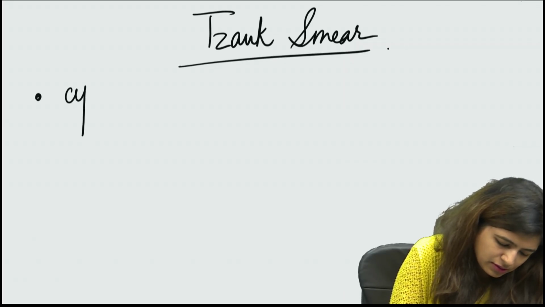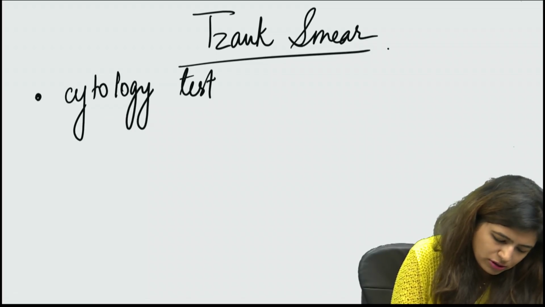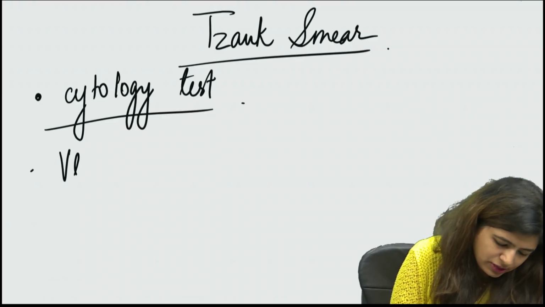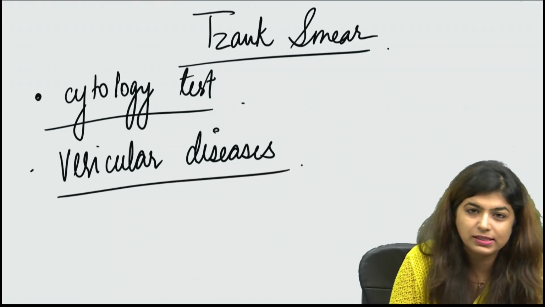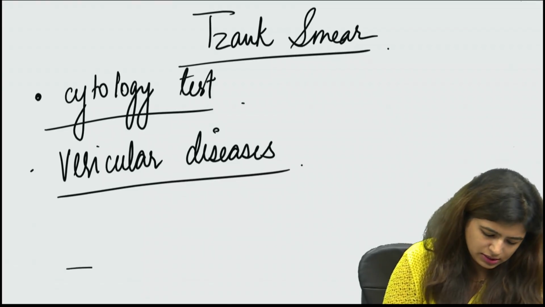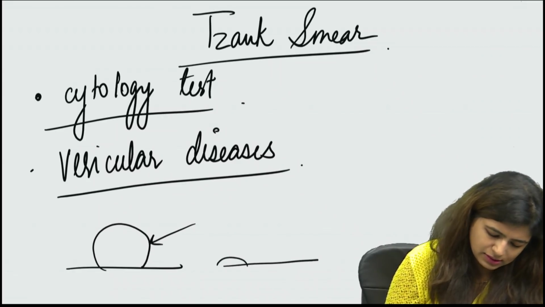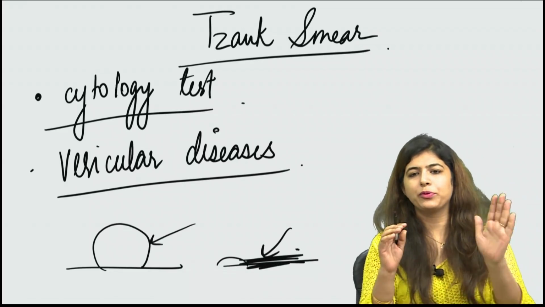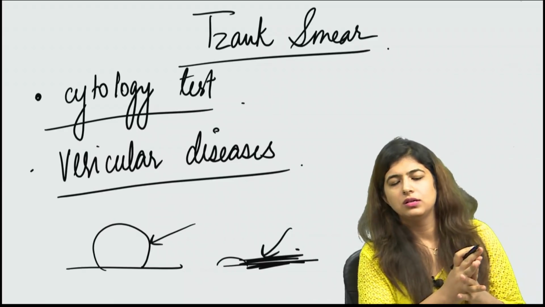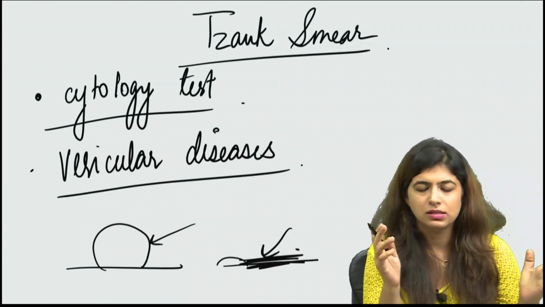Tzanck smear is a cytology test generally done in vesicular diseases. This is a vesicle. I will unroof it like this. Then this raw area I am going to scrape and put it on a slide, smear it with Giemsa stain, look for certain cells.